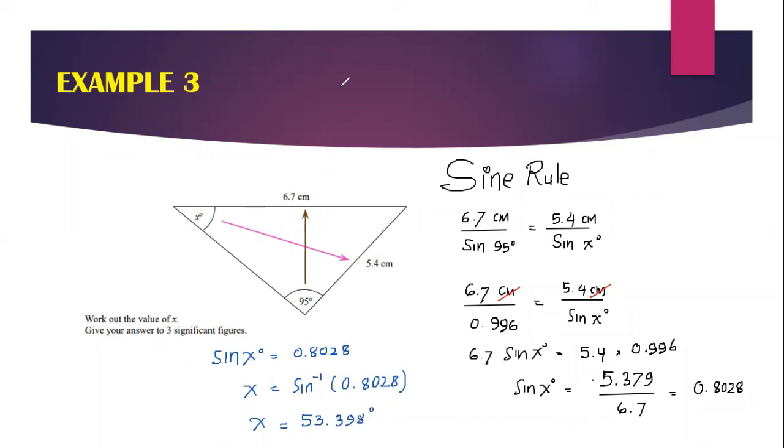But the question is, the final answer must be 3 significant figures. So you have to round the number until we got 3. So the final answer is 53.4 degrees.